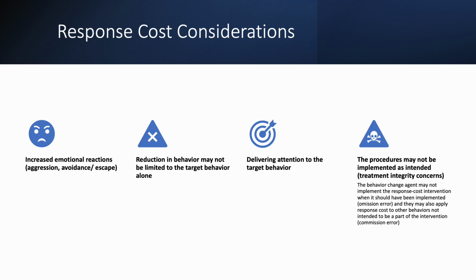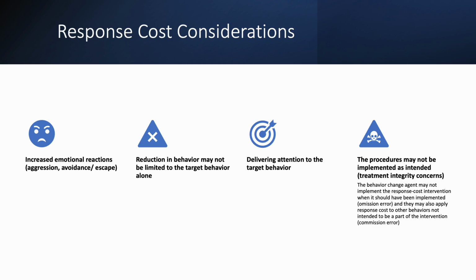You should also be aware that when you're implementing a response cost procedure, it's likely that, it's not likely, but it is a possibility that when you implement the procedure, you're not only going to see a reduction in the target problem behavior, but that you might also see a reduction in other desirable behaviors.